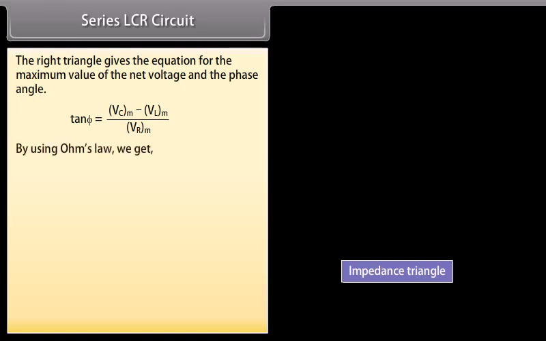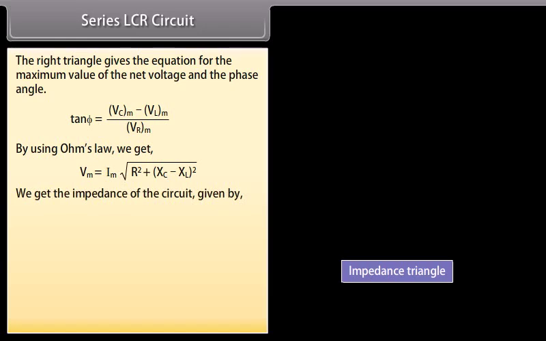By using Ohm's law, we get Vm is equal to Im multiplied by under root of R square plus XC minus XL square. We get the impedance of the circuit given by Z equals under root of R square plus XC minus XL square.